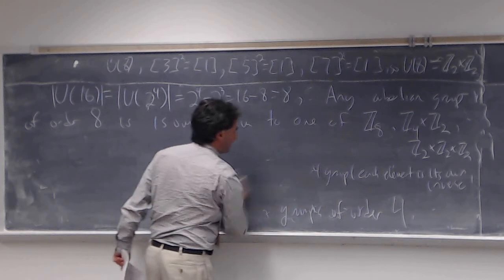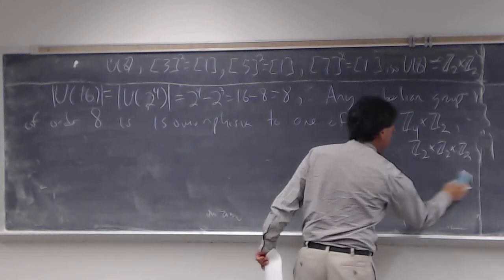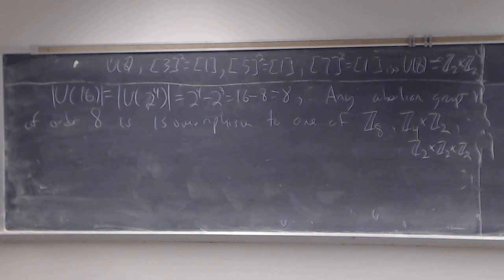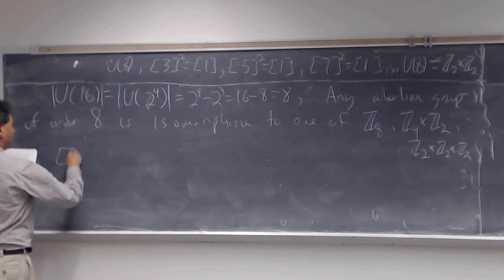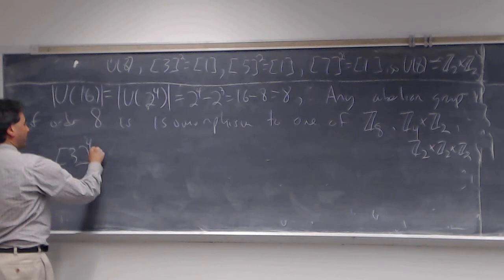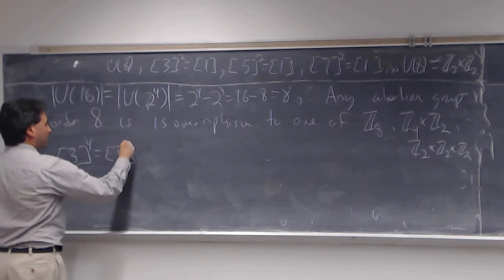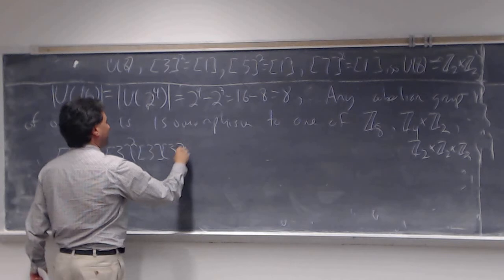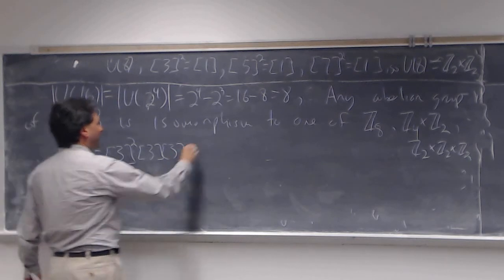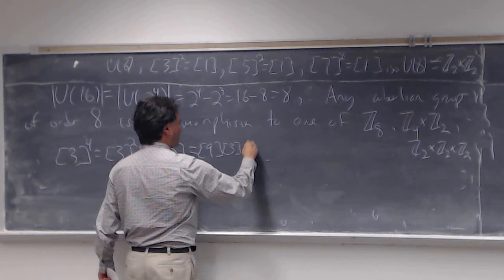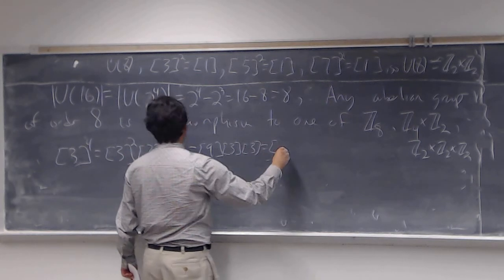So let's try to see what happens here. Let's look at 3 to the 4th, which is 3 squared times 3 times 3. 3 squared is just 9, so it would be 9 times 3 times 3, which would be 27.